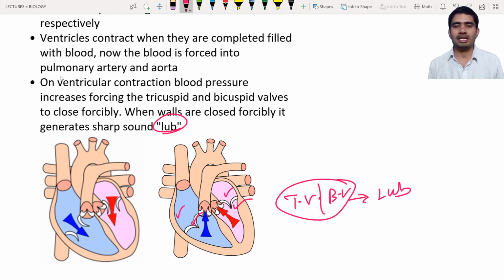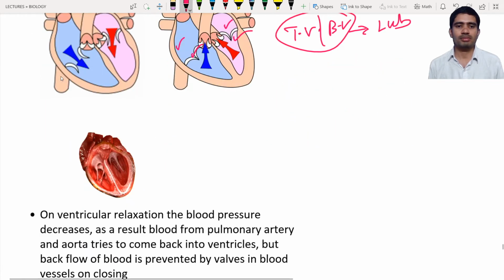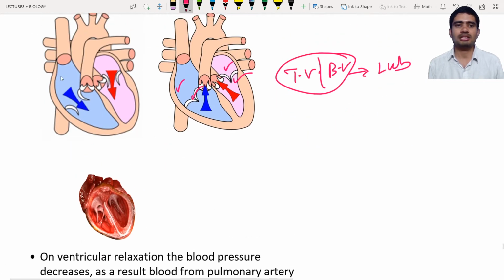Next, the dub sound is produced when these valves are closed. What are those valves? The pulmonary valve, or semilunar valve, and next the aortic valve. These valves will close. Why do these valves close? To prevent backflow of the blood, these valves are going to close.